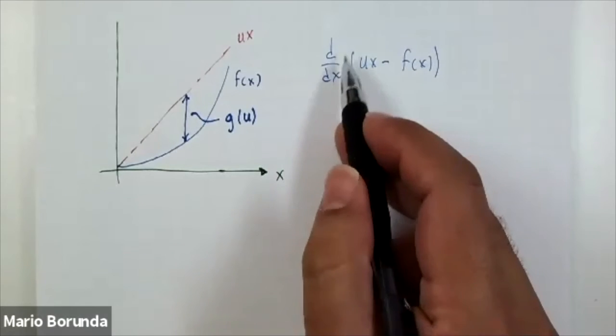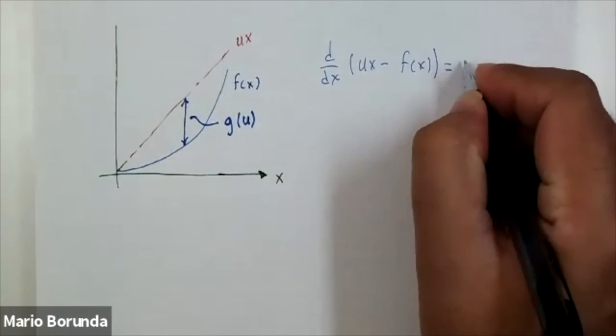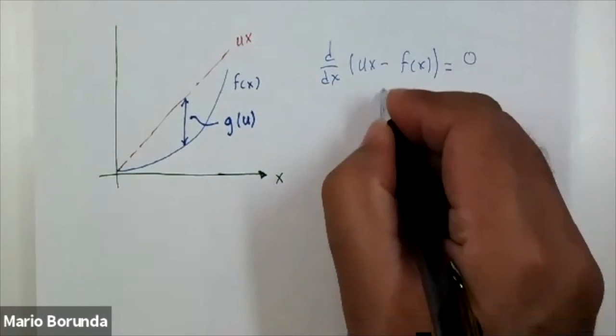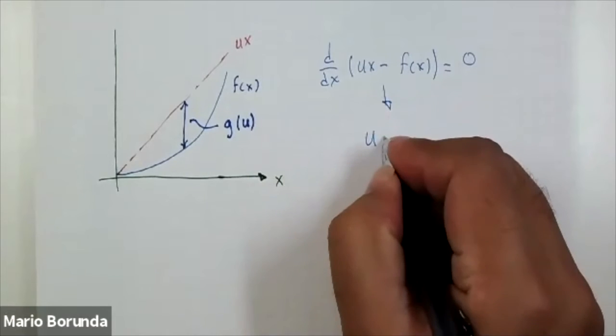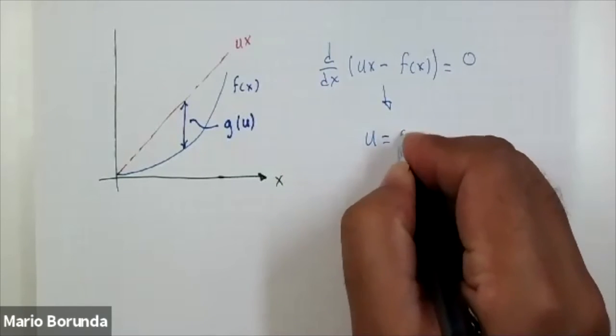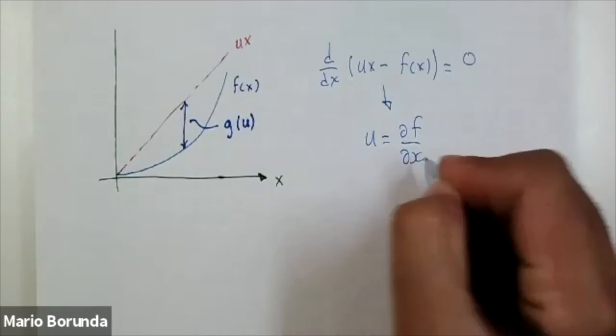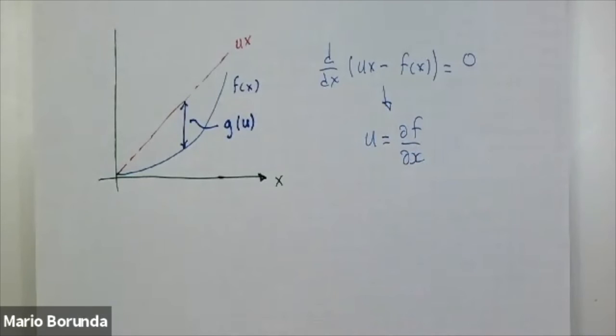And if I take this derivative and make it equal to 0, I'm going to get that u is equal to df dx. And this is in the language of before, where this is the value that maximizes that distance, one of these extremums, right? So that's the other way you can tell.